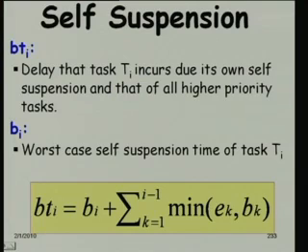See here, a lower priority task Ti gets delayed due to a higher priority task when, after a higher priority task self suspends, it blocks the execution of the lower priority task. Now, even if it self suspends for an arbitrary number of points of time, the maximum overlap that can occur is Ek or Bk, right.